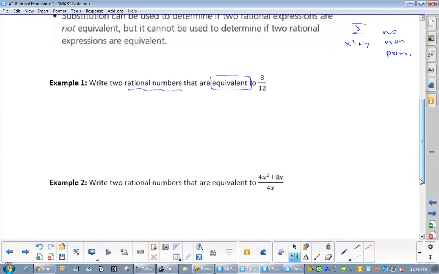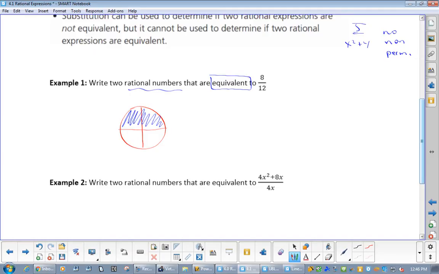Because if you had a pizza, right, and you divide it up into here, so how much is that? The shaded would be 2/4, right?